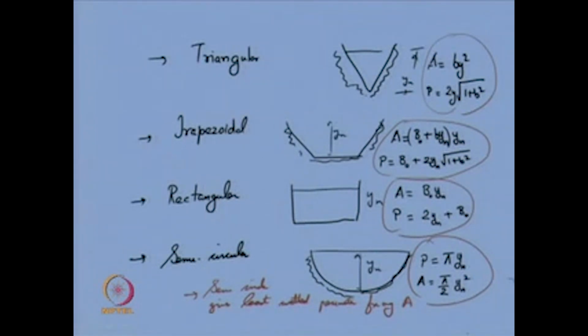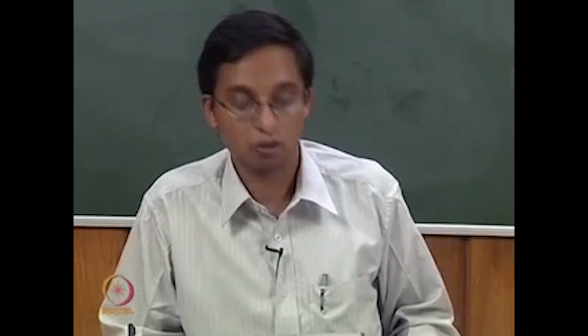Then you can adopt semicircular channels, but of course, constructing them may not be that cost efficient. Theoretically, through mathematical computation, the semicircle gives you the least wetted perimeter for any given area.